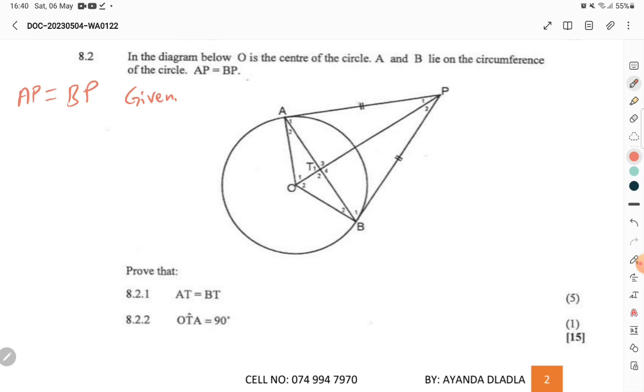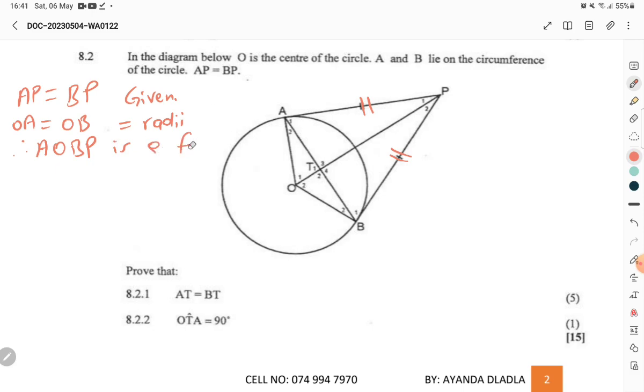Because we are given this information that this is equal to that. Then we also have OA equal to OB, and the reason here is that these are equal radii. So by having that, if two pairs of adjacent sides are equal to each other, then this has to be a kite. So therefore AOBP is a kite.